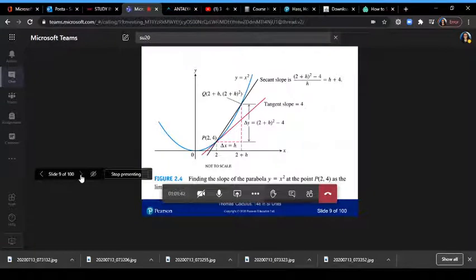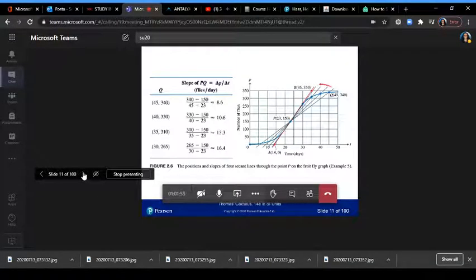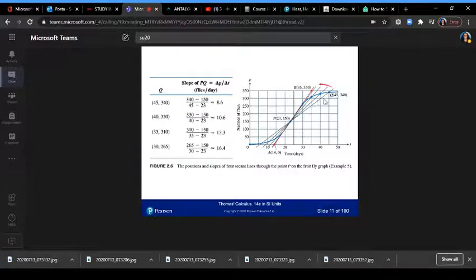Alright, so let's continue on. I'm going to skip that, it's similar. Here they are interested in finding the slope at a point as well. So they just build the secant lines from the right, and they calculate the slope of the secant lines, as you see, and they get closer.